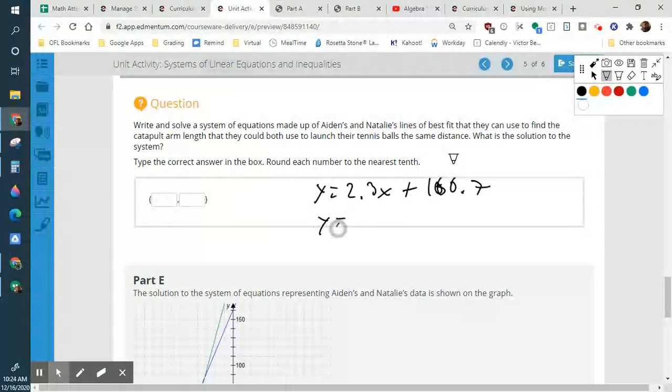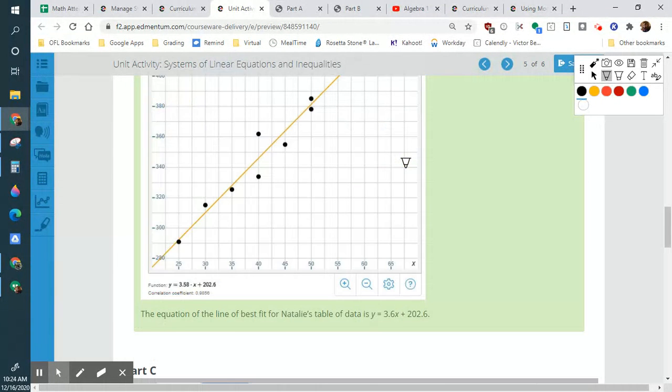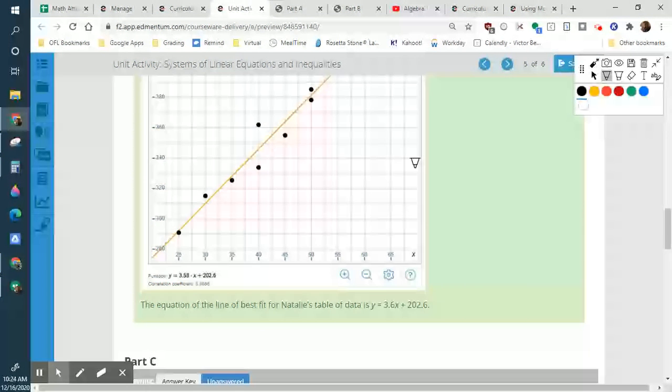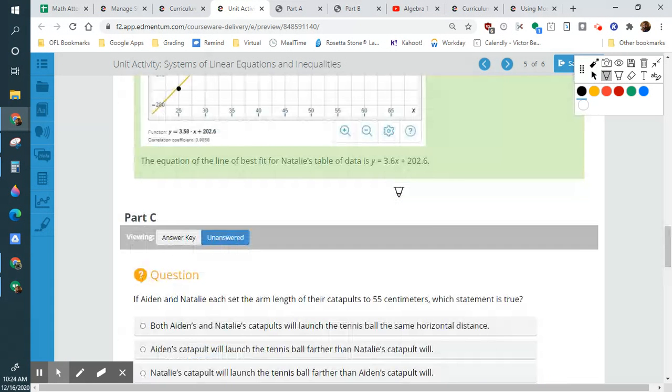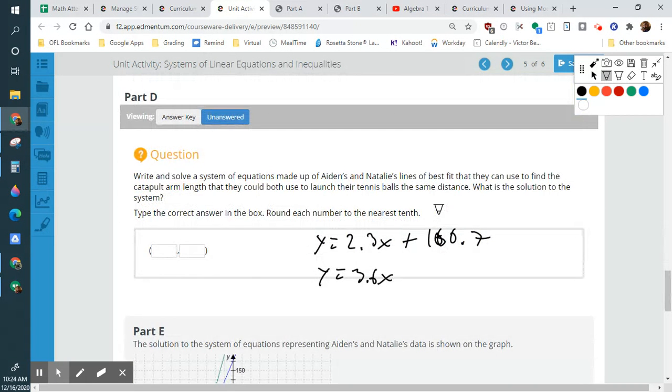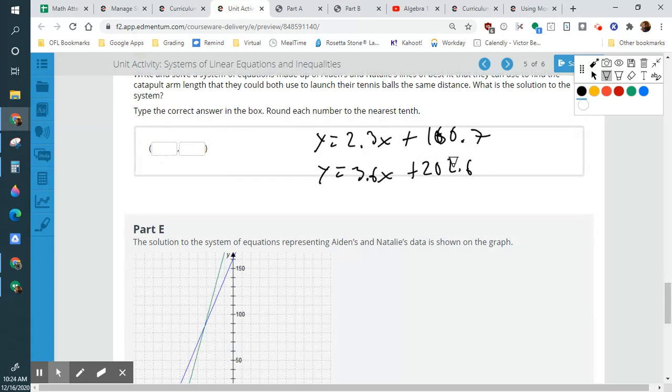And the other one was y equals 3.6x plus 202.6. So if you guys remember from the Kahoot, there's a few things we can do. We can do elimination, or we can do substitution. Since they're both set to y, I think substitution's better. You're just going to make the y's the same thing.